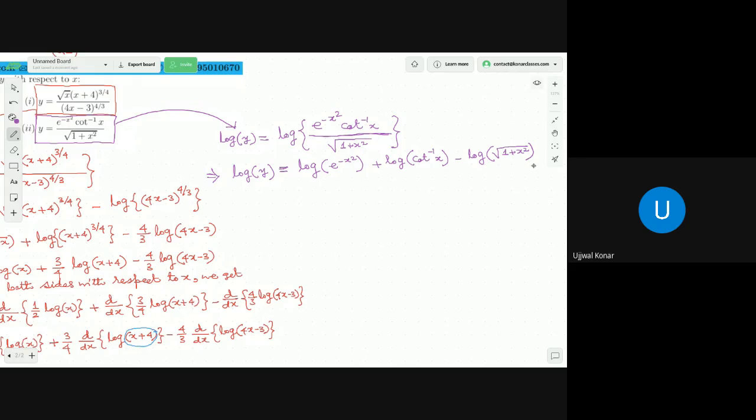I'm just writing by making one step jump. All of you agree with me? Especially why I made minus, because it is division by square root of 1 plus x square.